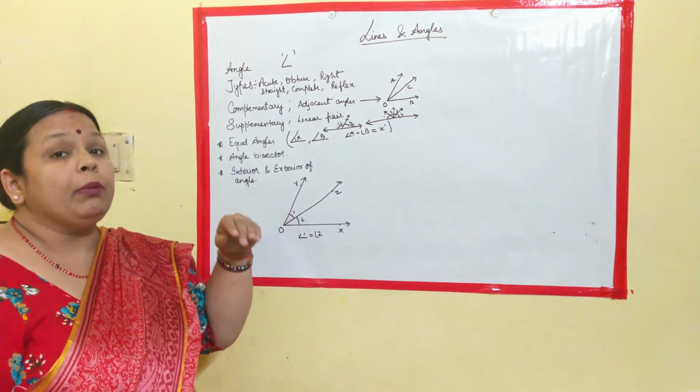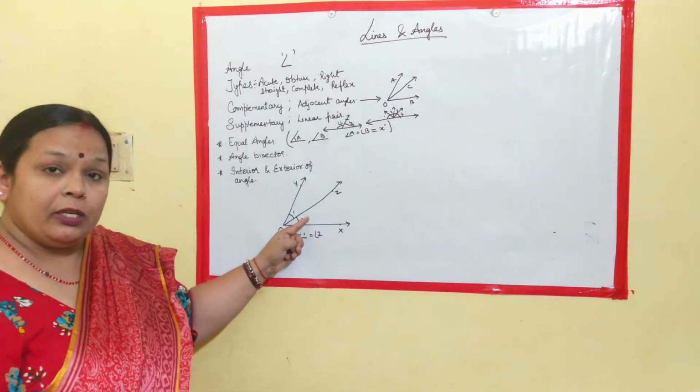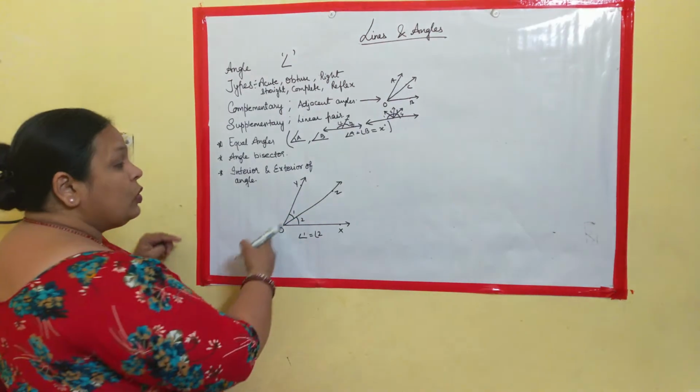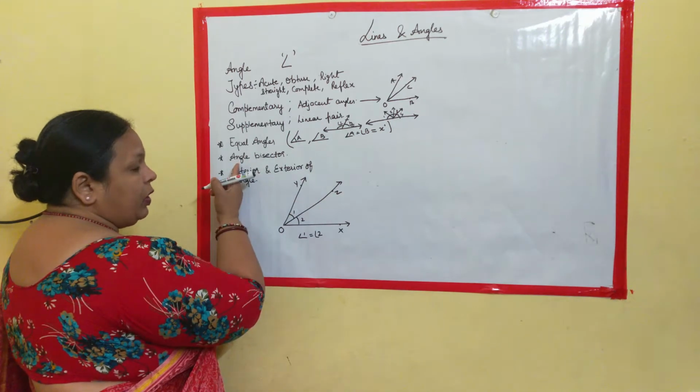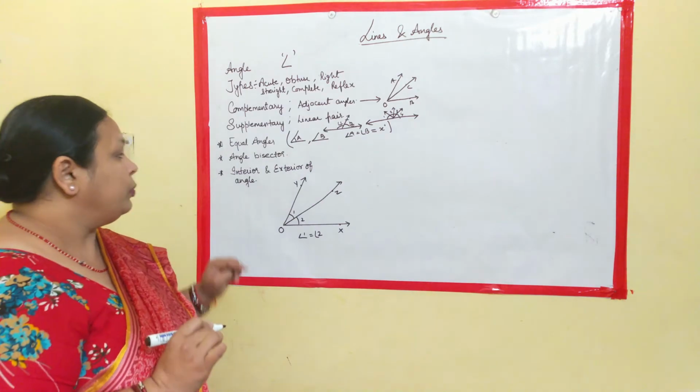We have denoted these angles as 1 and 2. OZ will be called an angle bisector if angle 1 is equal to angle 2.